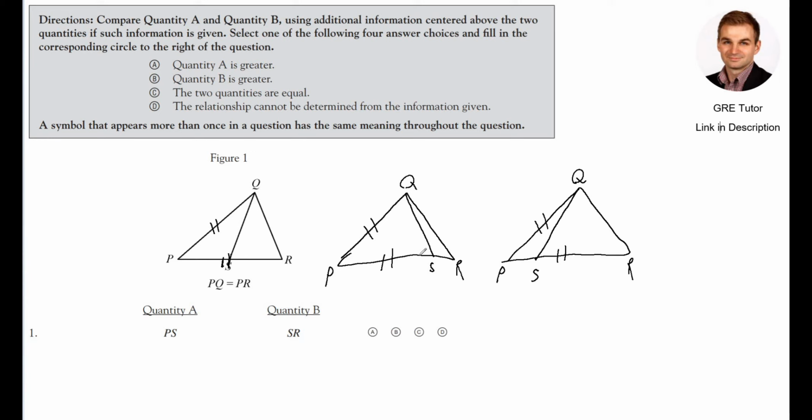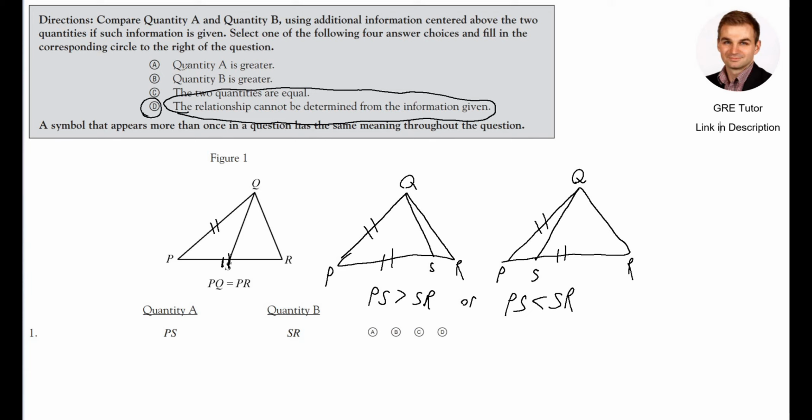Now if this is the actual look of the image, then PS right here is greater than SR. And if this is the actual image, then PS is less than SR. Since you can have both this or this, you're in a situation where the relationship cannot be determined from the information given. So your answer is D.